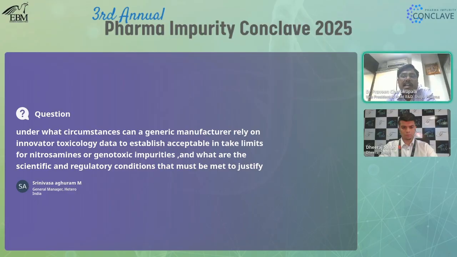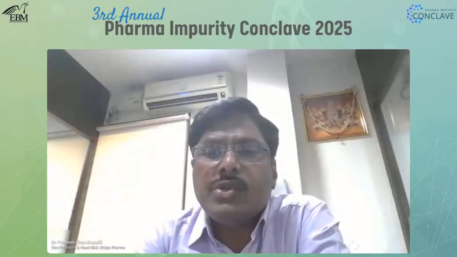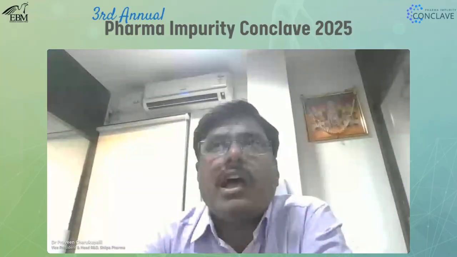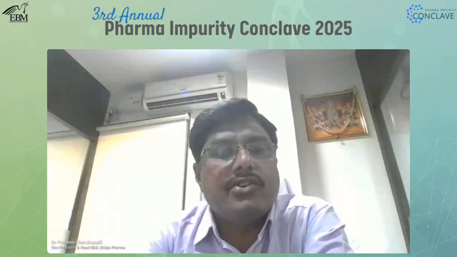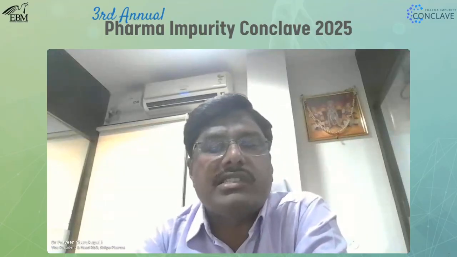Only when the innovator publishes openly, or when the API comes as a pharmacopoeial product, can we use it. Until and unless the innovator publishes his scientific data on a common platform, if you want a relaxed limit for any genotoxic or nitrosamine impurity, you should have your own scientific data.